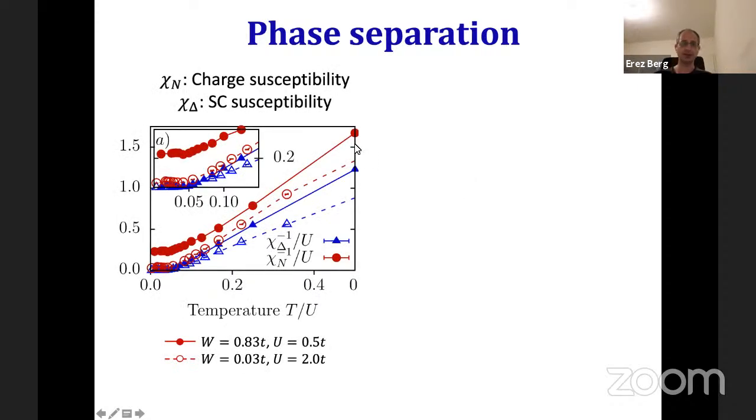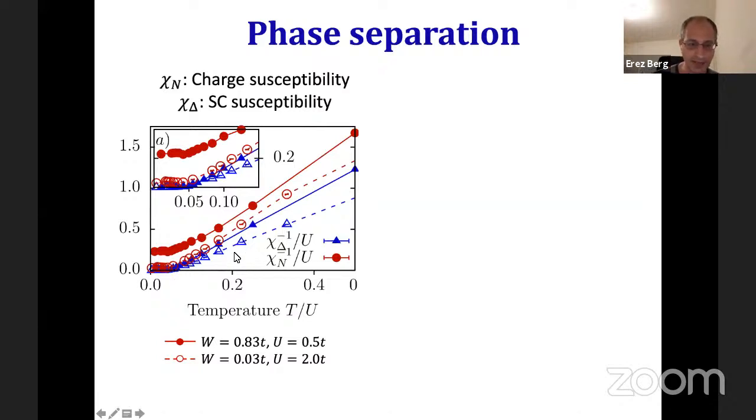Here are the inverses of the superconducting susceptibility chi delta and the charge susceptibility chi n. Again, the solid lines are the more dispersive band, the dashed lines are the more flat band. This is the inverse susceptibility, so going to 0 means that the susceptibility diverges. That's the transition.